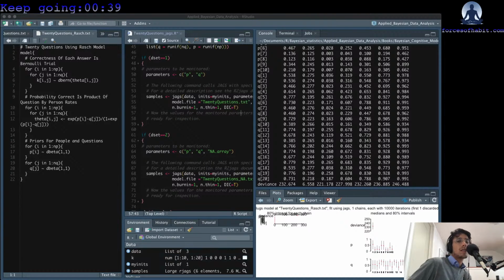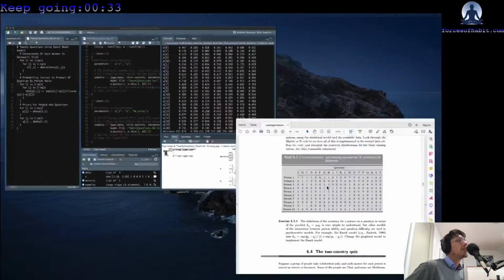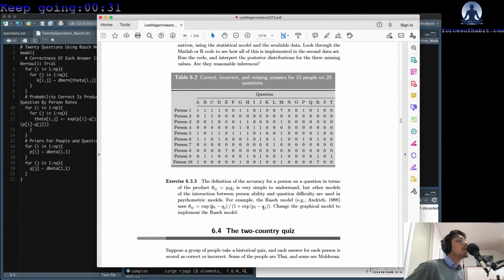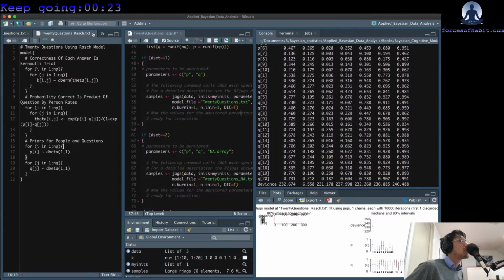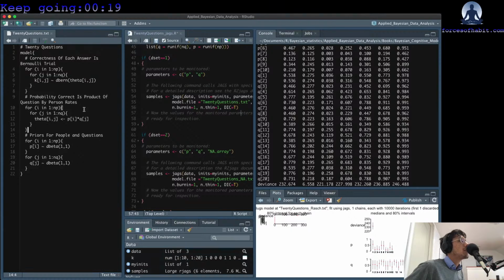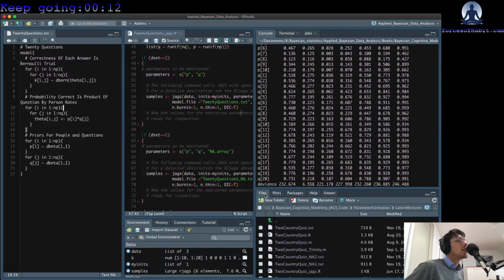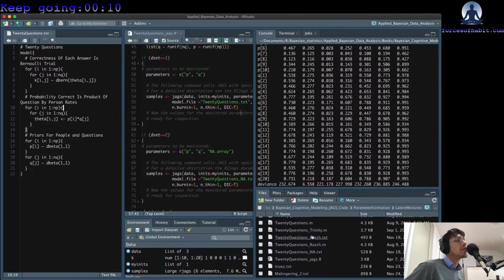I see. So it just wanted me to go ahead and change the graphical model to implement the Rasch. So it actually just wanted me to go in and do this, where it looks like the only difference between the scripts is theta ij, and instead we're implementing Rasch.